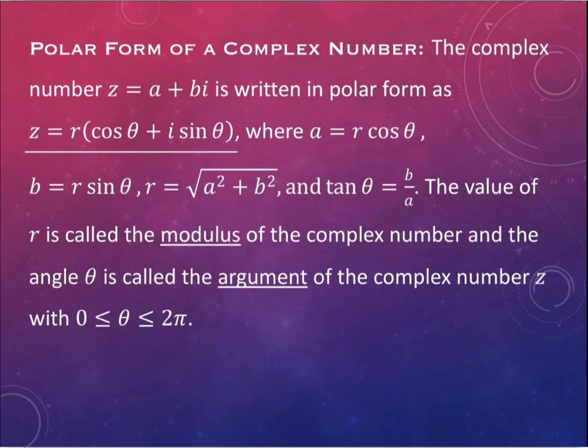R, this is the same r we talked about as z before, r is the square root of a squared plus b squared. And this angle that's showing up is found by finding tangent of theta equals b over a. There's a name for r and for theta. R is called the modulus. Right? We talked about absolute value before. This is another name for it. It's a modulus. And the angle theta is called the argument.